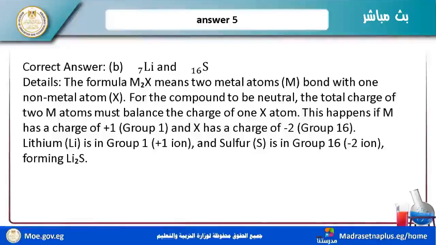This happens if M, lithium Li, is in group 1, a positive ion, and sulfur S is in group 16, a negative 2 ion. The formula is Li2S. Now it is the true answer. We prove our answer from these indications when you make the electronic configuration of each atom.